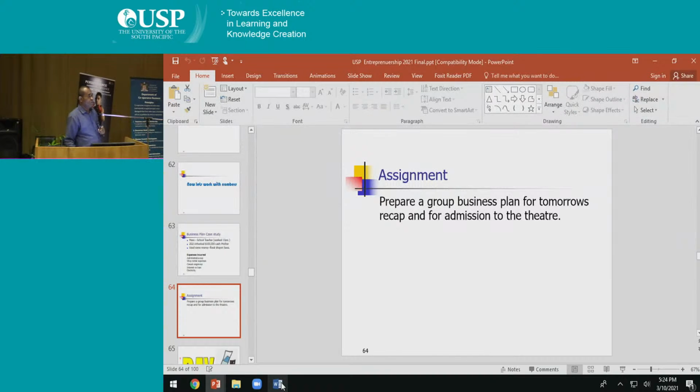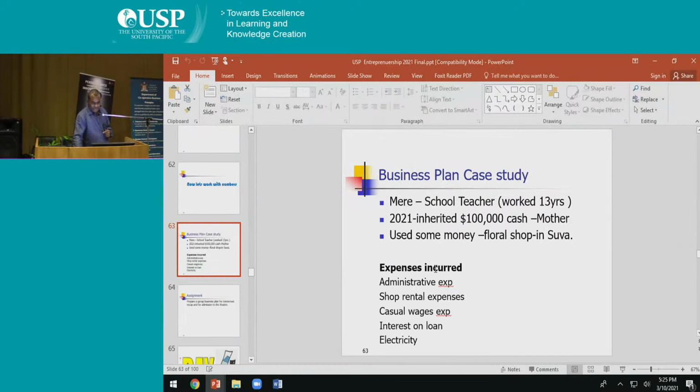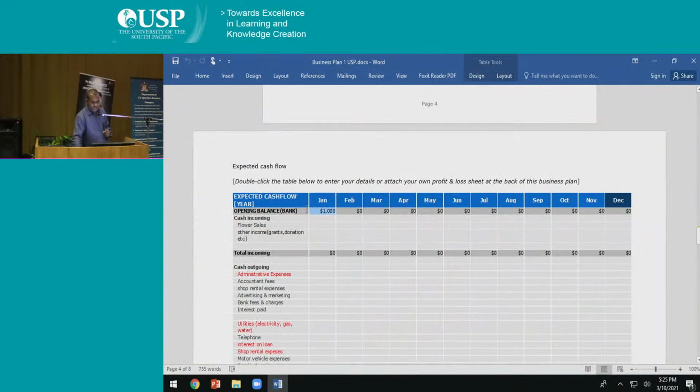Okay, we'll use that same case study just to fill up some spaces. Let's work with numbers, and we'll try to slot this in this Excel.